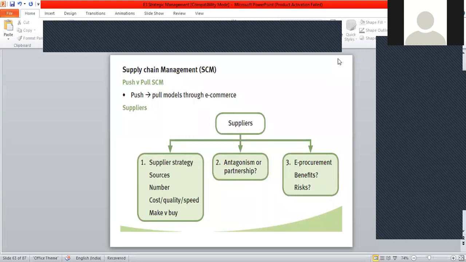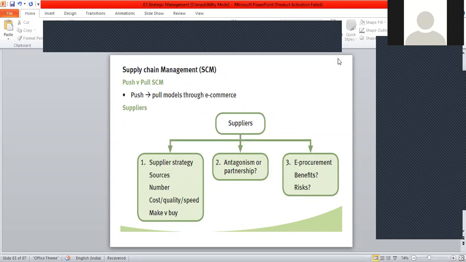Then the quantity is ordered with the right supplier who quotes the right price, the quality of the products, the quality of material, and the time of delivery. These parameters are taken into consideration, and then the supplier is selected and an order is placed with the supplier. So that's the strategy which is adopted in the conventional method.